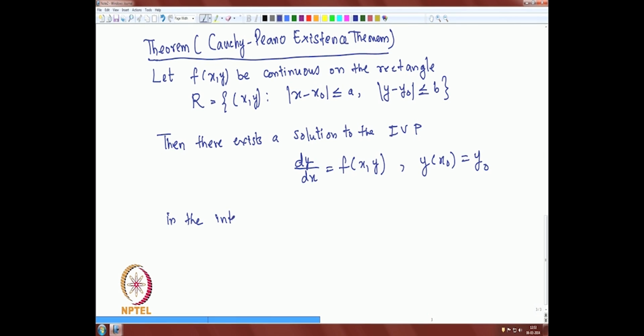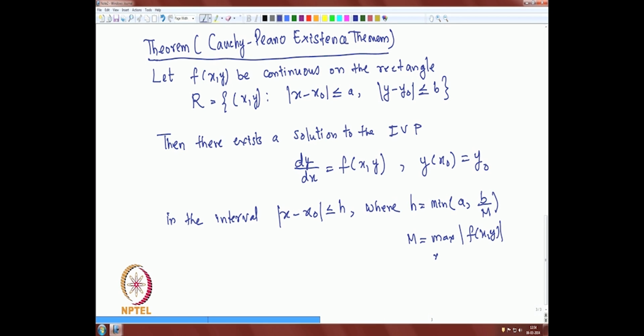in the interval |x - x0| less than or equal to h, where h is the minimum of a and b by M, with M being the maximum of the function |f(x, y)|, where (x, y) is in the rectangle.